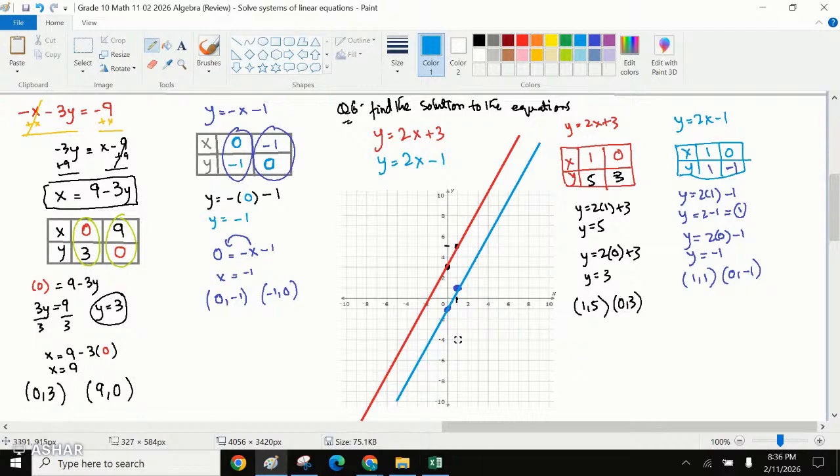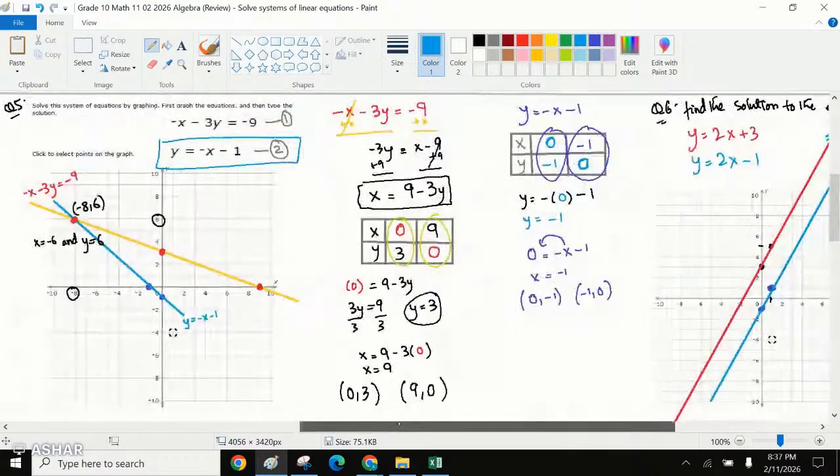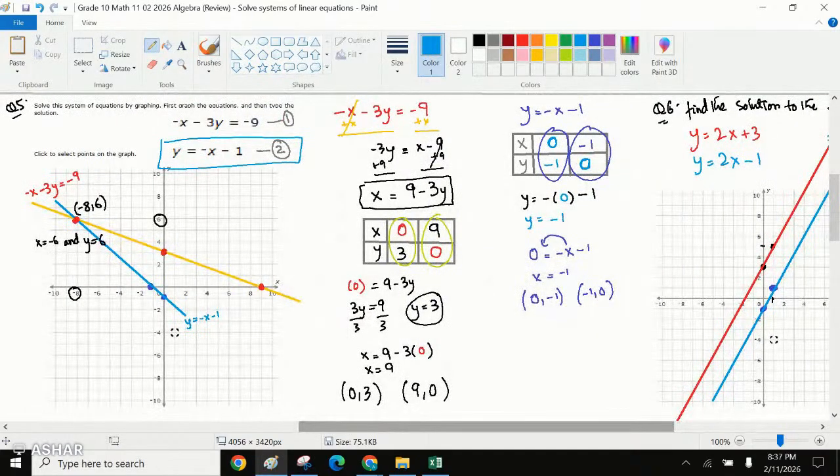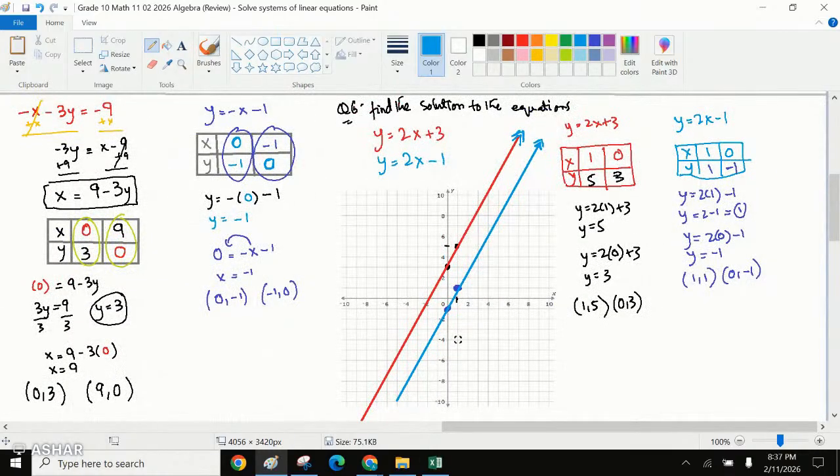We do not have a point of intersection like we had in the previous question. In the previous question, we had a point of intersection over here. But in this case, there is no point of intersection.